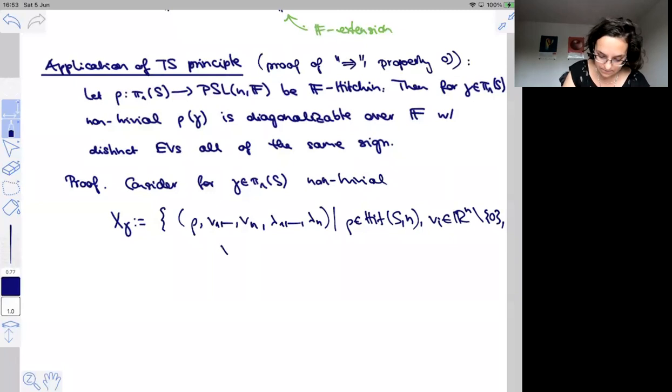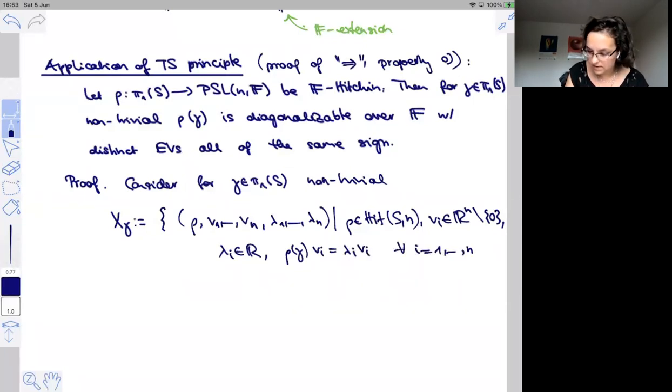Then I take my scalars, which are going to be the eigenvalues. And how do I express that vi is an eigenvector of rho of gamma to eigenvalue lambda i?